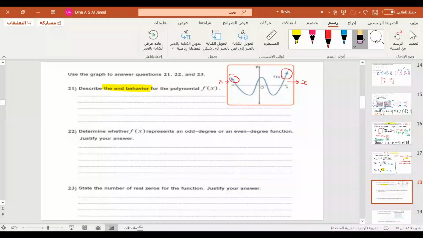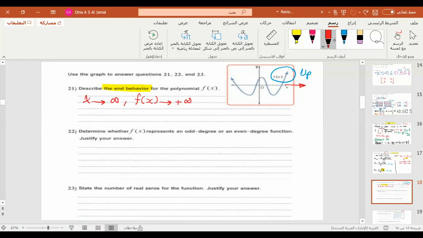So let's start with the first part, which is when x goes to infinity, what will be happening to your f of x? It went up, and by this I mean your f of x will be heading to positive infinity.